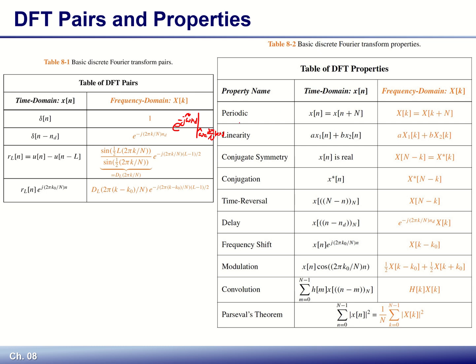In the case of properties, the time domain is periodic with N. The frequency domain is also periodic with N. Linearity and conjugate are the same as the DTFT. When we compare to the DTFT, the period of the DTFT is 2 pi, but in the frequency domain the DFT has a period of N. The others, like complex conjugate and conjugate symmetry when the time domain signal is real, are the same.